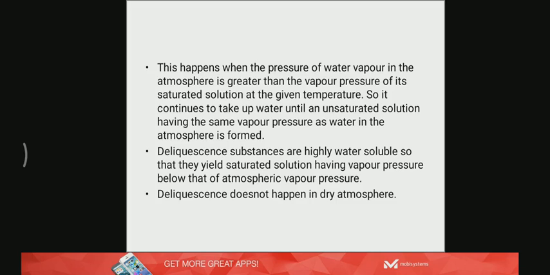In other words, if the vapor pressure of the saturated solution of the substance is lower than the vapor pressure of water in the atmosphere, or what we call aqueous tension, then only deliquescence happens.